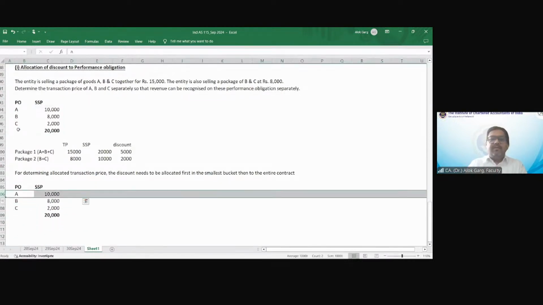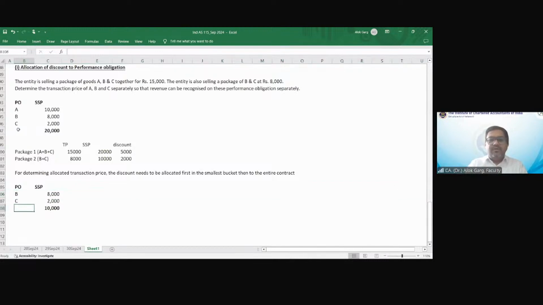remove A first. What is the standalone selling price of B and C? What is the transaction price of B and C? Friends, tell me. Or write it like this, A, B and C, okay.